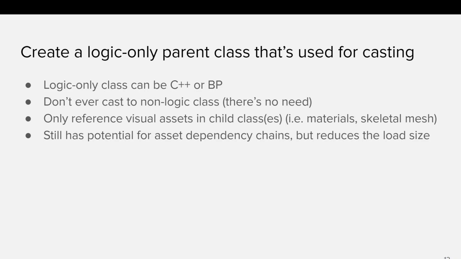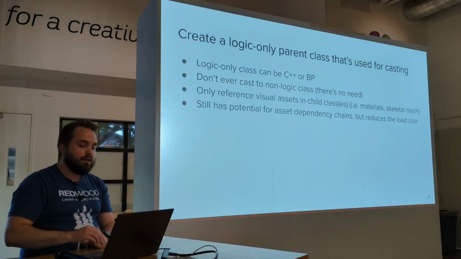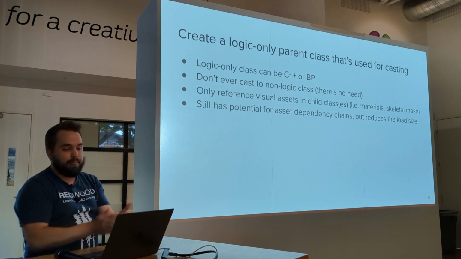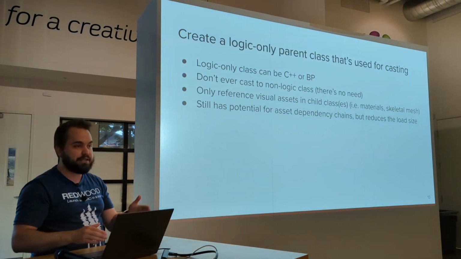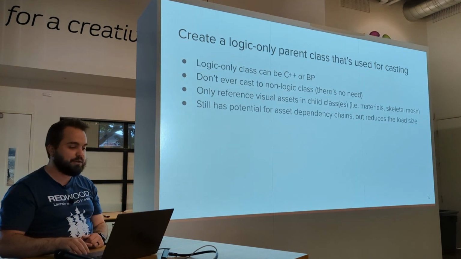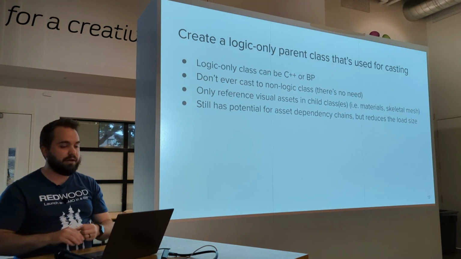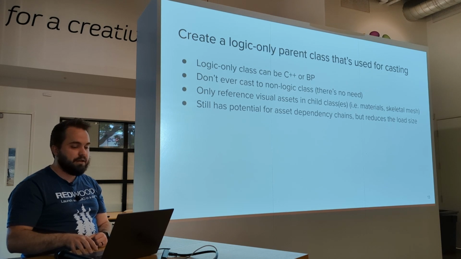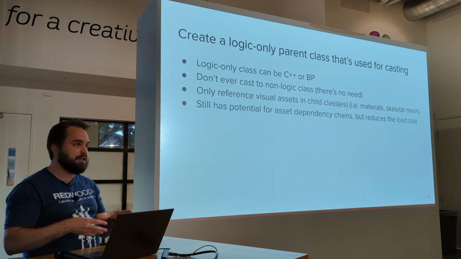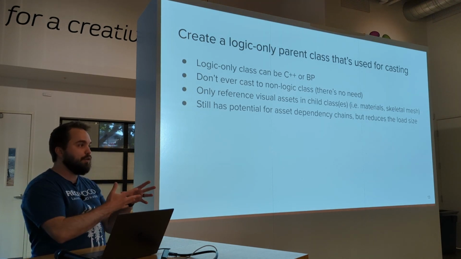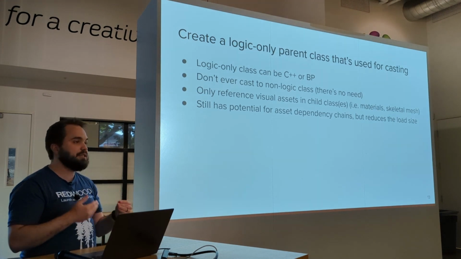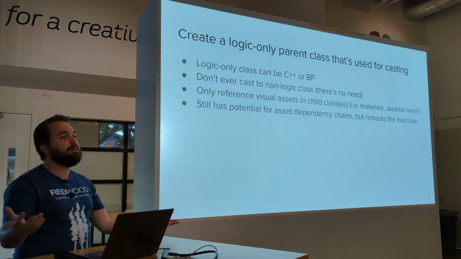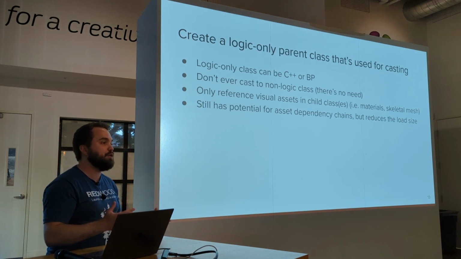You can then change those things. So now you can cast to be my character instead of be my character child, where it's all defined. All those visual assets go in the child class. You still can have asset dependency chains, don't get me wrong. This can still have them. But now instead of loading 500 megabytes, you're loading maybe 100 megabytes.